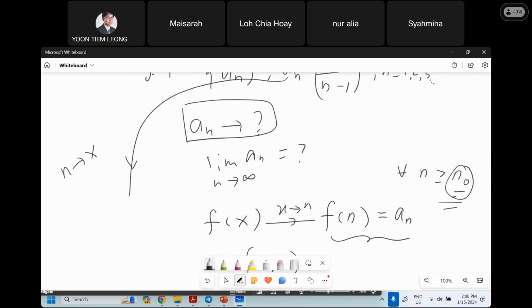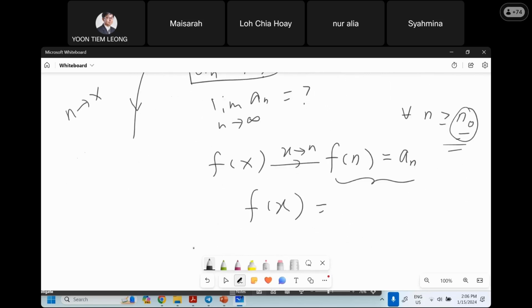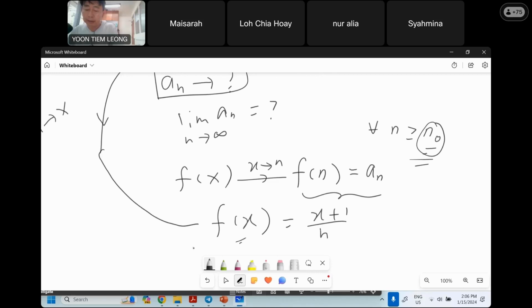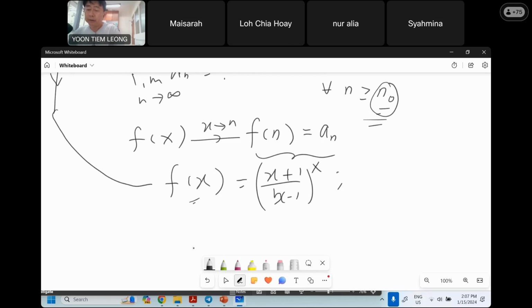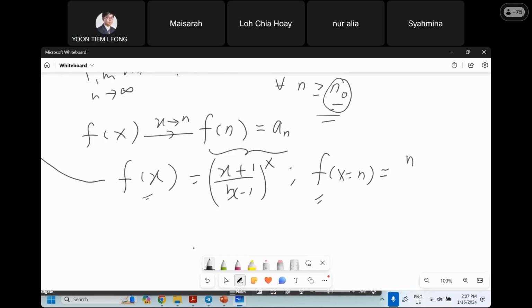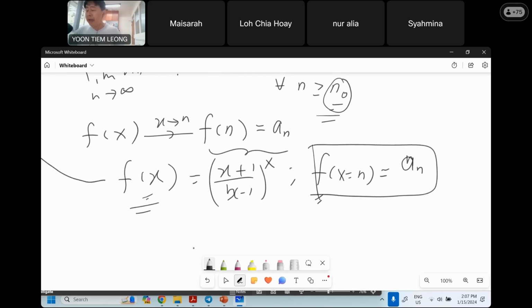That would be the expression for my function f(x): (x plus 1 over x minus 1) raised to the power of x. Whenever I calculate f at x equal to a positive integer, it equals a_n. The statement that f at n equals a_n is true for all n larger than or equal to 1. So here we have a function fulfilling theorem 5.